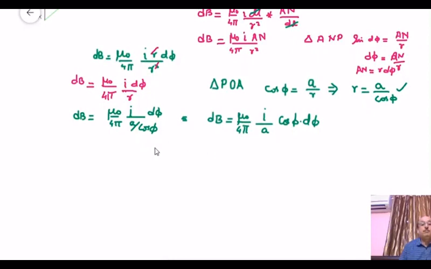So dB is integrated for the complete wire, from minus phi 1 to phi 2, mu naught by 4 pi, I by A cos phi d phi.